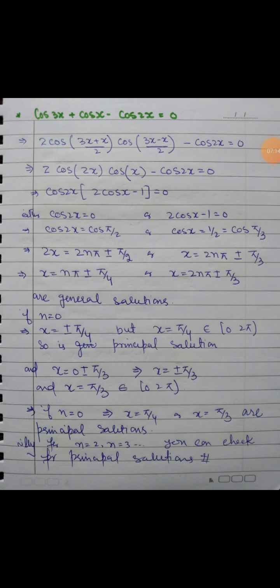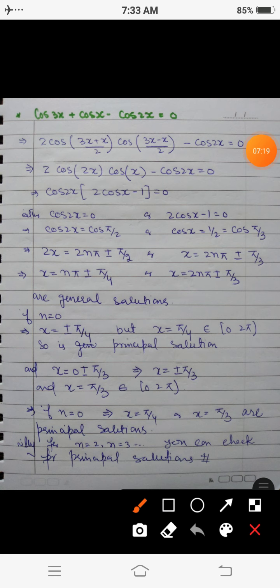Now we have another type of equation. We have to find its principal and general solution. It is cos 3x plus cos x minus cos 2x. Here for these two, cos 3x and cos x, we will use cos a plus cos b, which is twice cos (a plus b) upon 2 into cos (a minus b) upon 2.